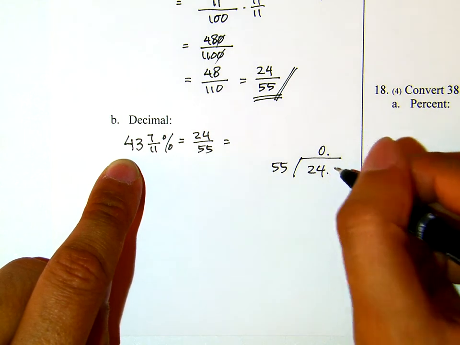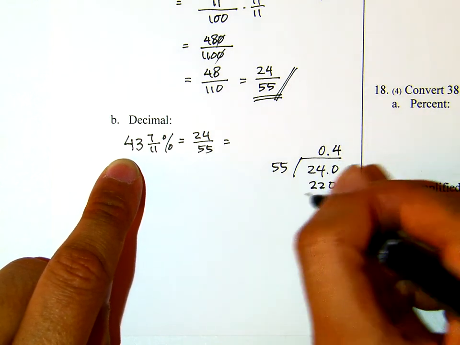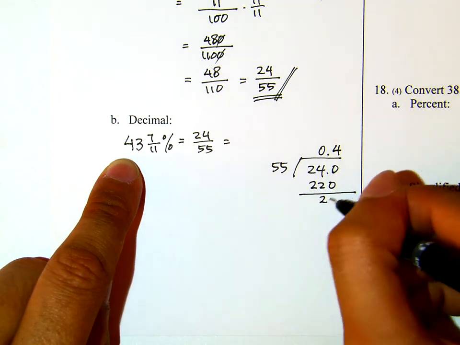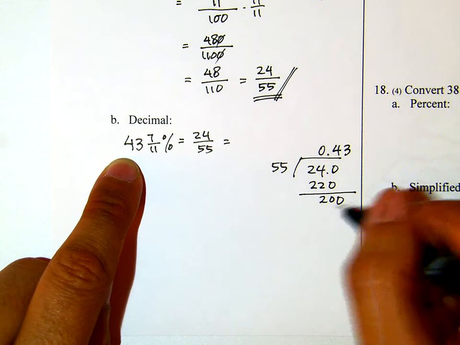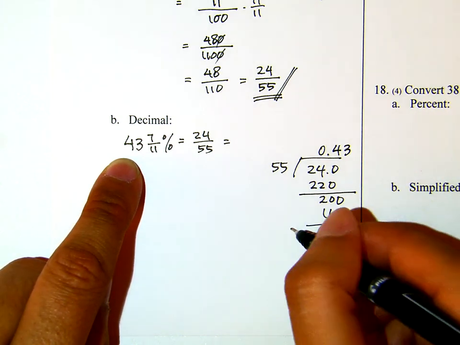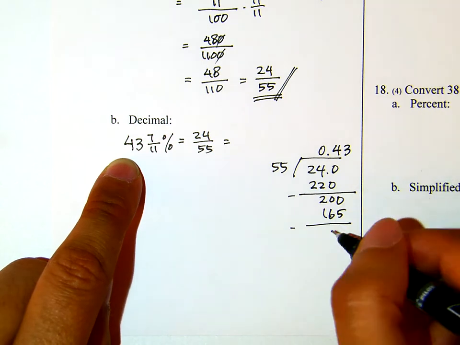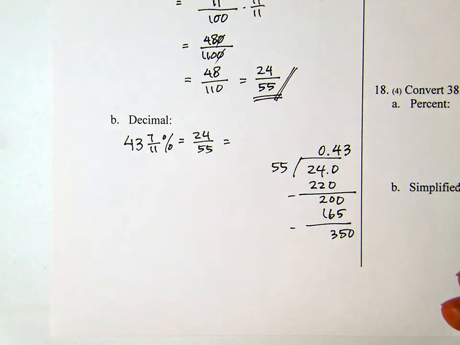Okay, now I hope that becomes a hint that if I have 4 here, that will be 220. Okay, and then when I subtract, that will be 3 here, 165. Okay, and then when I subtract, that's 350. How many times is that?